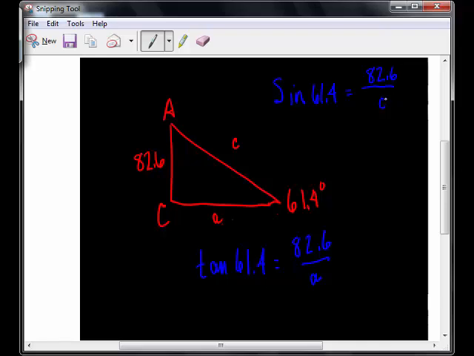Now if you notice, we want to get C all alone in this one, and to do that we can multiply both sides by C and then divide both sides by sine 61.4. So C is 82.6 over sine 61.4.